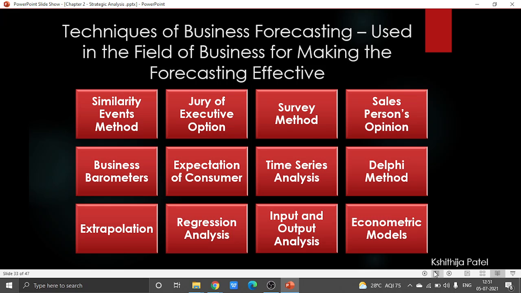And we have discussed the jury of executive opinion, where we consider the viewpoint of different experts. Then we have the survey method. As simple as it is, it is nothing but a field survey conducted to collect information. Normally, in this survey method we try to find the attitude of the people.